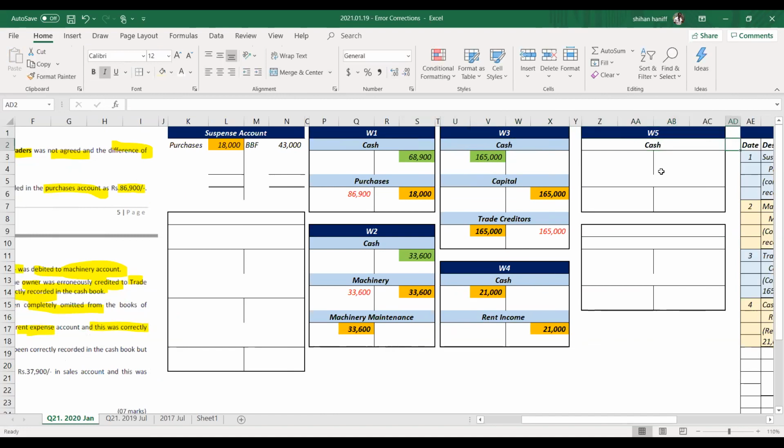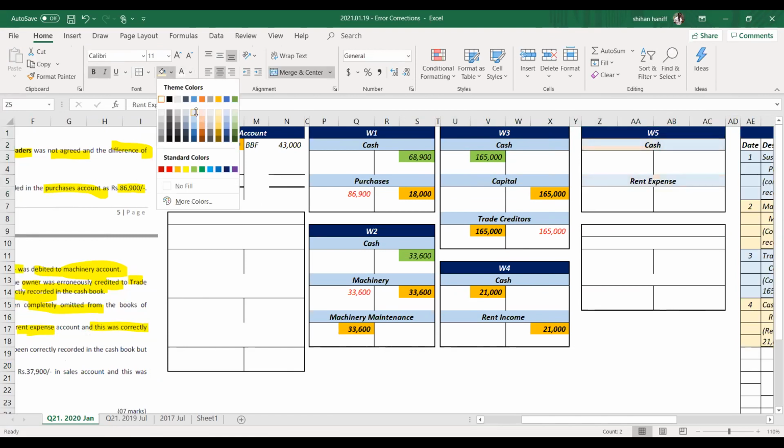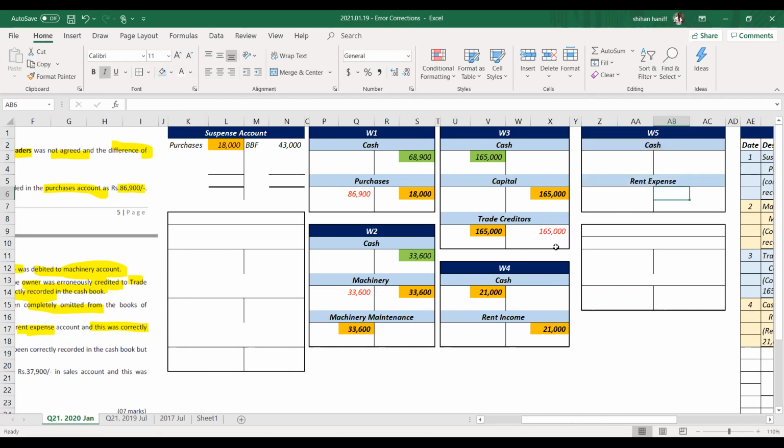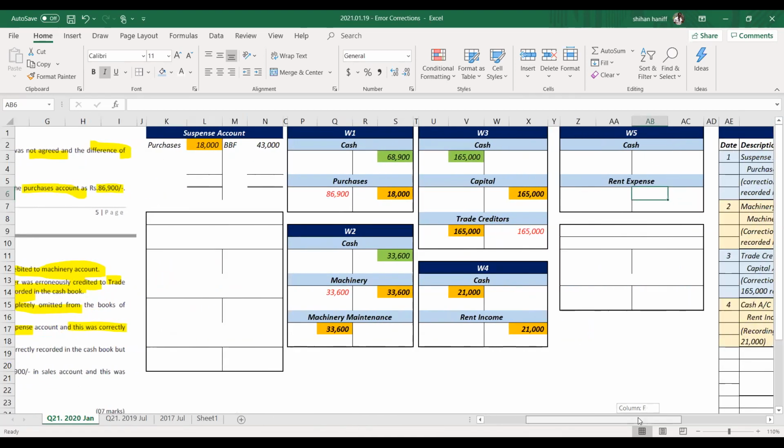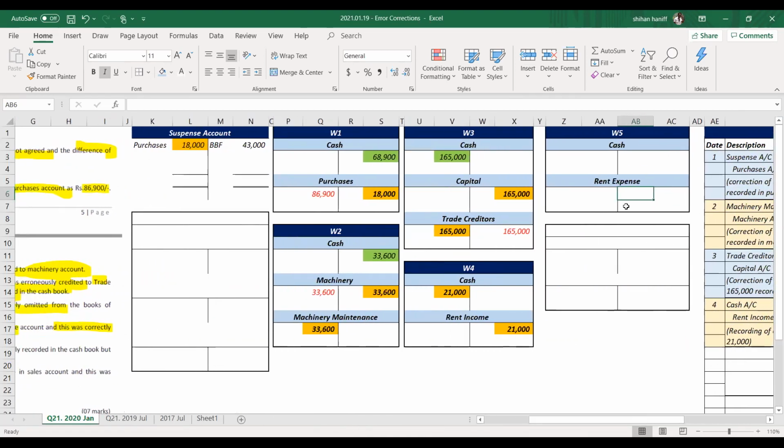So it says rent expense 98,000 was debited twice in rent expense account.